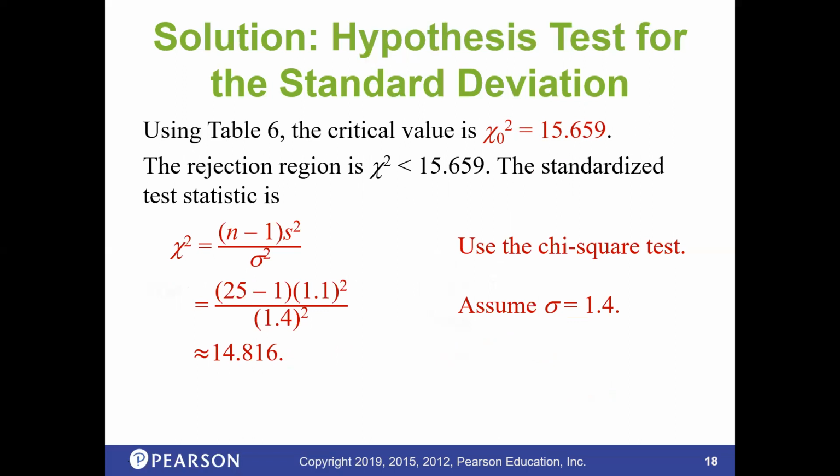Because that is a standard deviation now. The standard deviation for us was 1.1 minute. We didn't square it last time because that was already variance to begin with. So now this is 24 times 1.1 squared divided by 1.4 squared. Okay, and try it. See if you guys get a 14.816 and a thumbs up when you do, or else I'll just call for it in just a bit here.